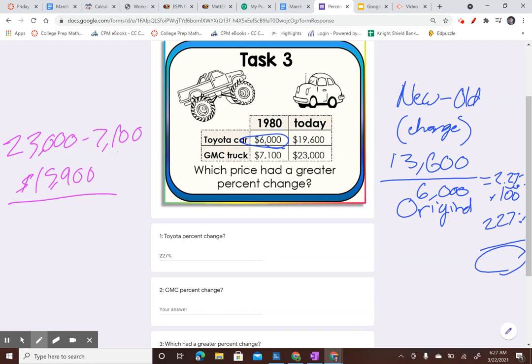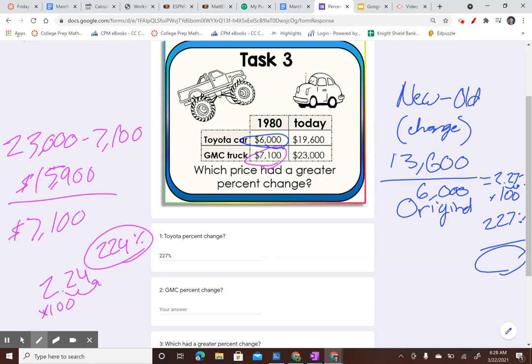And so now I need to take my 15,900 and divide it by my original cost of 7,100. And when I do that, that gives me 2.24. And I need to multiply this by 100, or basically just move over that decimal point over 2 spots. So it's going to be 224%.